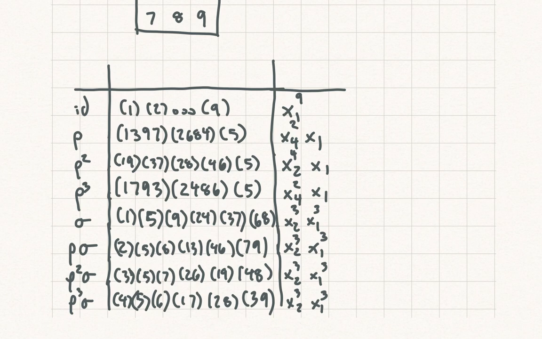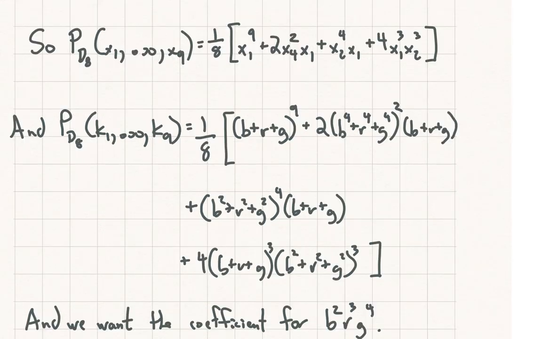So check that you understand where these are coming from. So I'm giving you these, and we'll move on to the next slide. And you can check here that this is indeed our cycle index function for the way that D8 acts on these 9 objects. So that's fantastic that way.